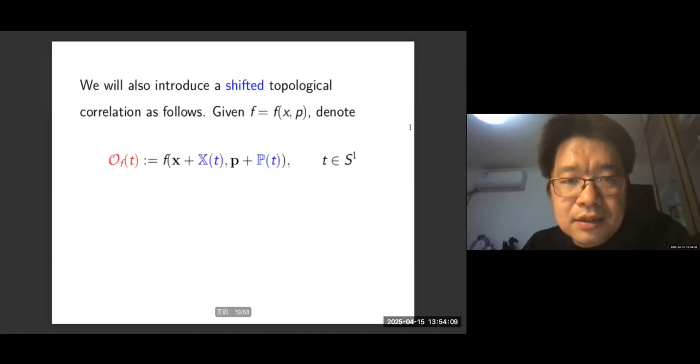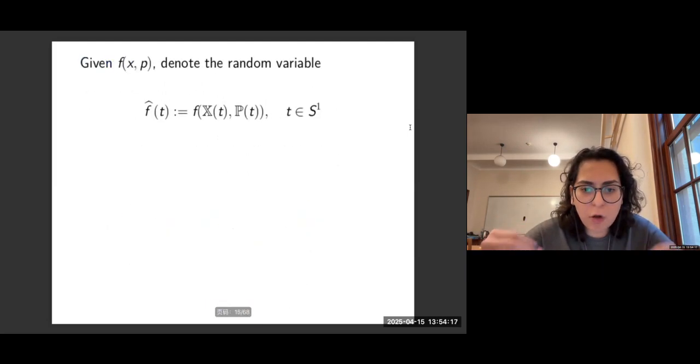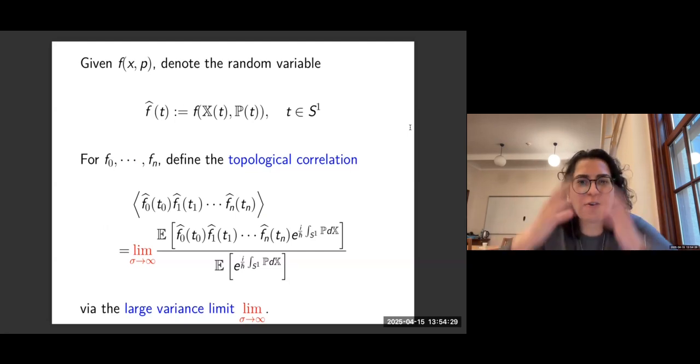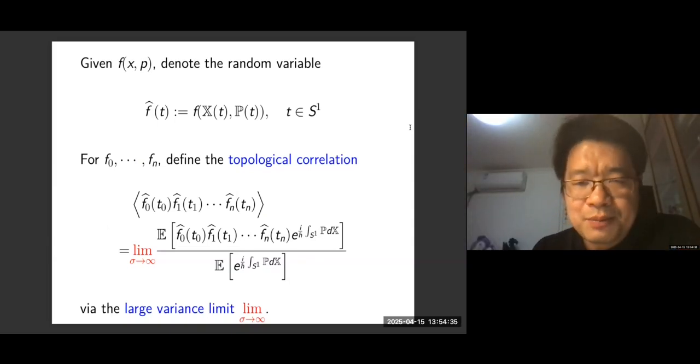My question is, why didn't you choose f to be only a function of momentum in this probabilistic theory of quantum field theory?